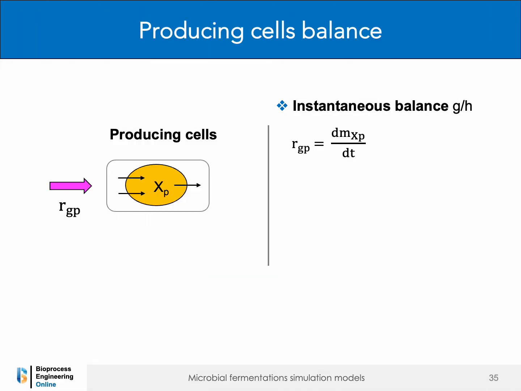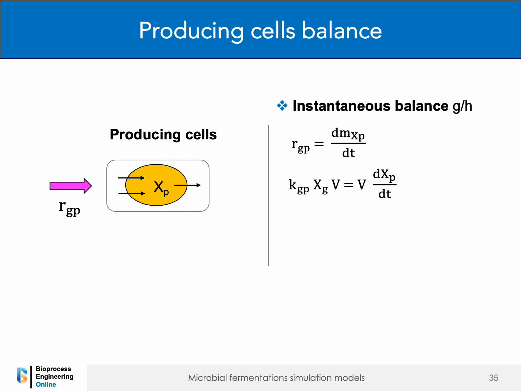For the producing cells that are produced by transition from growing cells, the instantaneous balance in gram cells per hour on the fermenter writes R_GP equals dm_xp over dt, where R_GP is the transition rate and m_xp the mass of producing cells.